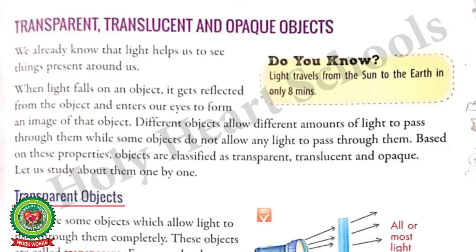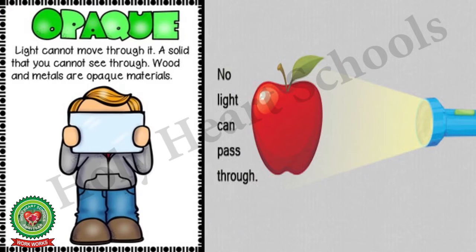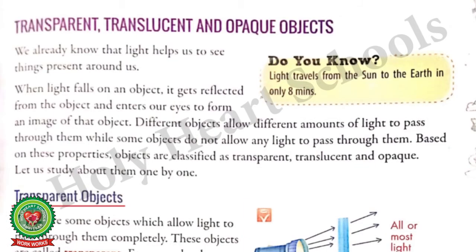Different objects are made up of different materials. Due to this reason, different objects allow different amount of light to pass through them, while some objects do not allow any light to pass through them. Based on these properties, objects are classified as transparent, translucent and opaque objects. Let's study about them one by one.